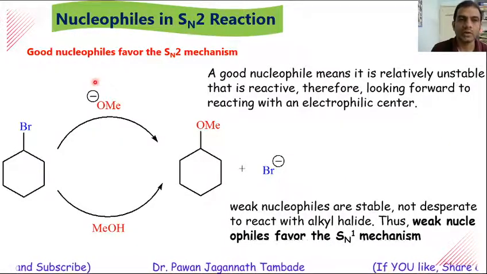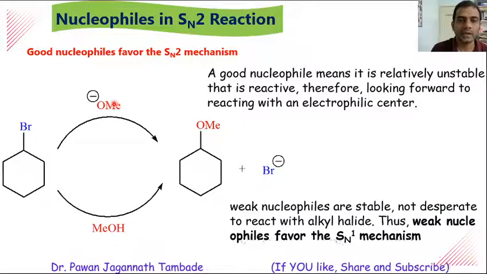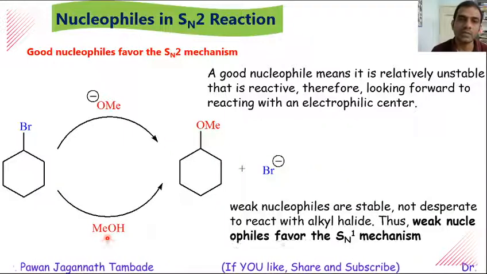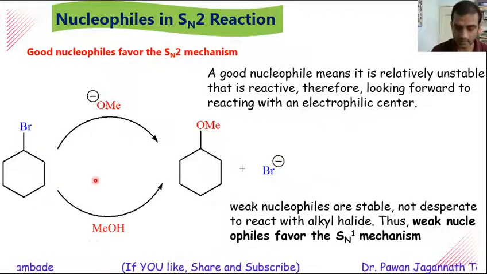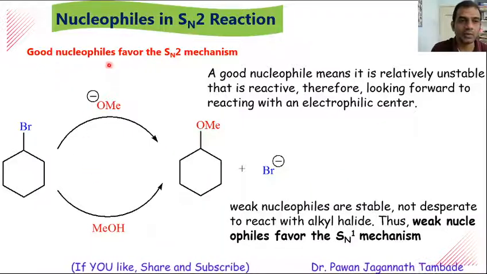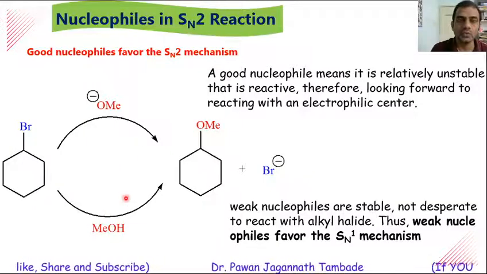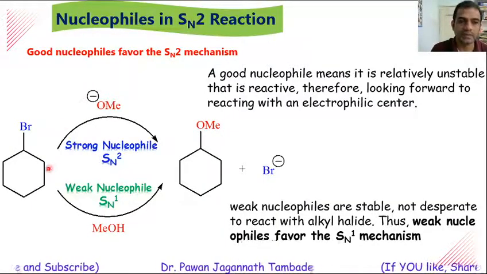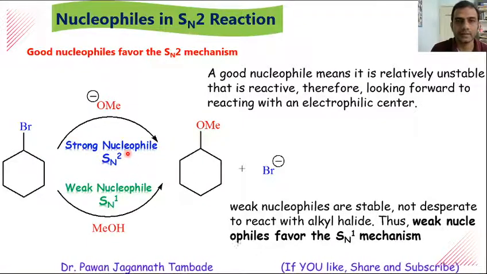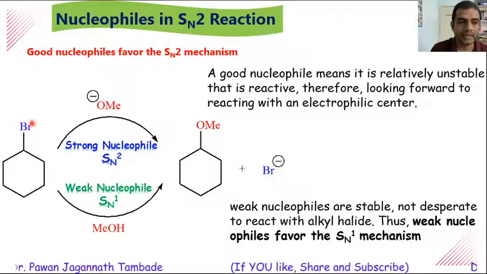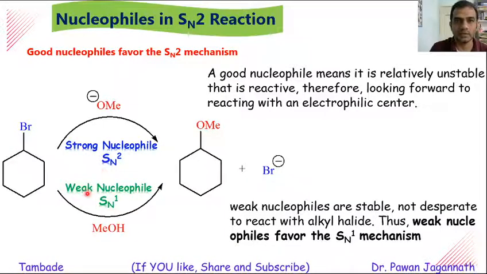Methoxide anion is a stronger nucleophile because it is unstable. It shows high reactivity, and methanol is a stable molecule, so its reactivity is a bit less. And remember that good nucleophiles favor the SN2 mechanism. So among these two reactions, the first reaction, that is, the reaction of this alkyl halide with methoxide, favors the SN2 path, and the reaction of this secondary alkyl halide with a weak nucleophile like methanol favors the SN1 path.